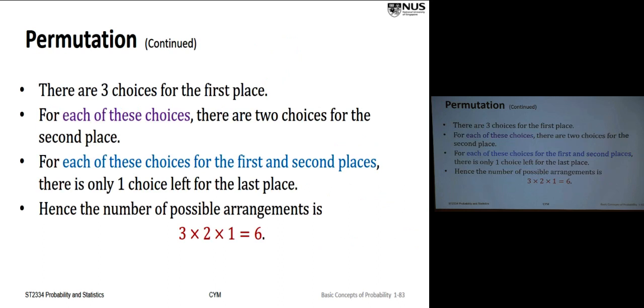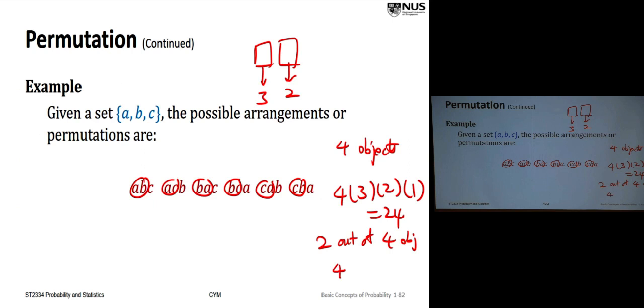Take 2 and arrange them. So it will be 4 times 3. So this time it's only 12. All right, just take 2. Because you fill up the first with 4 choices, and for each of these 4 choices, there are 3 choices that you can fill up for the second box.